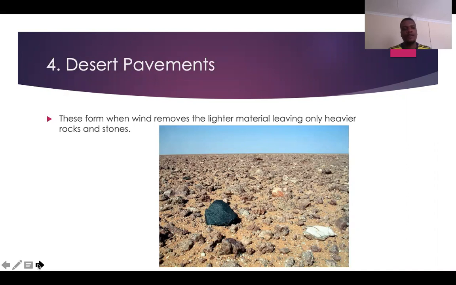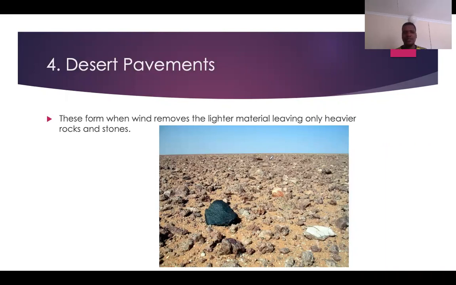Then we also have another kind of landform, and this forms when wind has carried away all the lighter materials. What remains are the rocks that were not carried, because remember, for the wind to carry large pebbles, it needs enough energy. In this case there is not enough energy, so only the softer ones are carried out. Then what we have is a pavement.